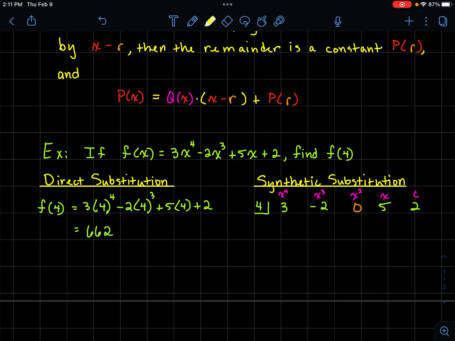Well, we have the 4th power and the 3rd power. We do not have the x squared in there, so we have to put a placeholder of a 0 in there, and then 5 and the 2, and go through all of our steps with synthetic substitution.